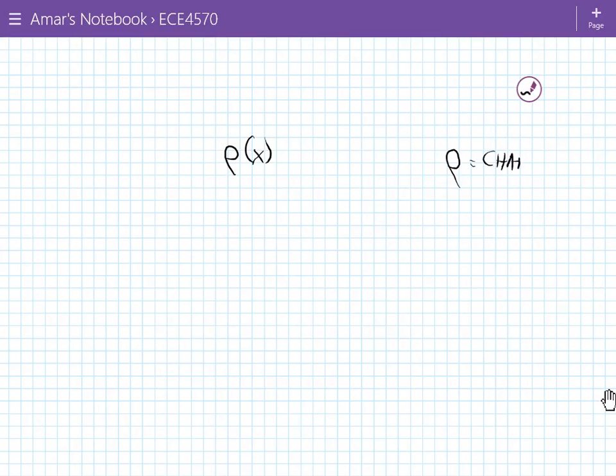What's the units for charge density? Coulombs per cubic centimeter would be the volumetric charge density. And if you want to do area charge density, then it would be coulombs per centimeter squared.